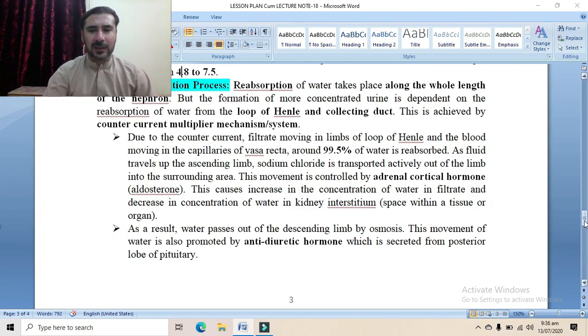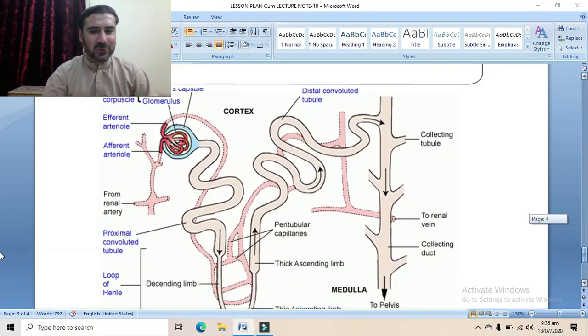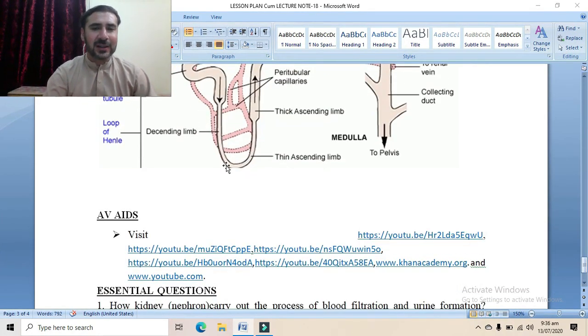So what will happen as a result? As a result, water passes out of the descending limb by osmosis, because in the space there is less water and more solute. Now look here. From this ascending limb, the sodium chloride is transported here, as we have described.